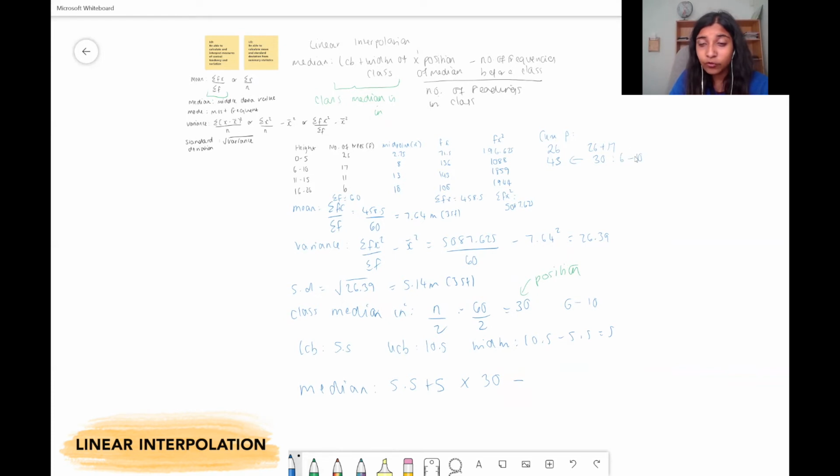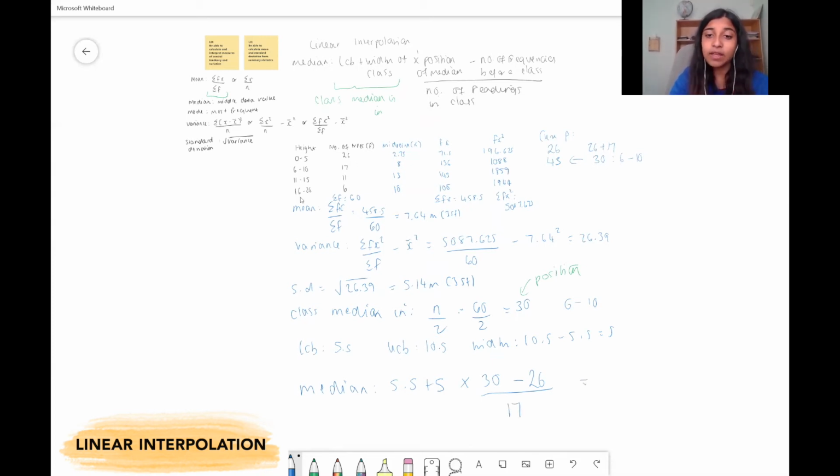The number of frequencies before our class 6 to 10 is 26, so minus 26, over the number of readings in our class, 6 to 10. Our frequency for 6 to 10 is just 17.